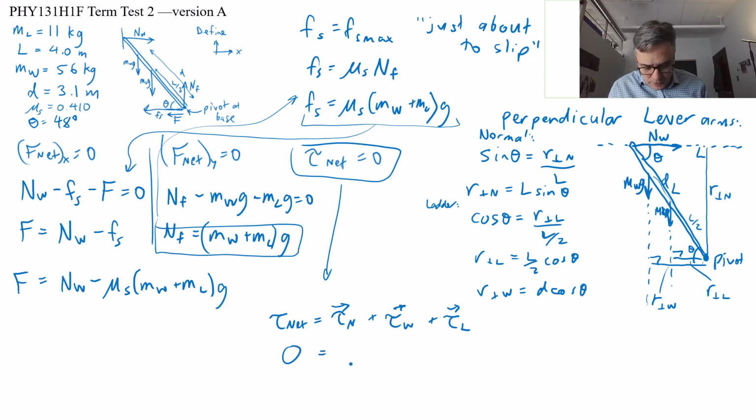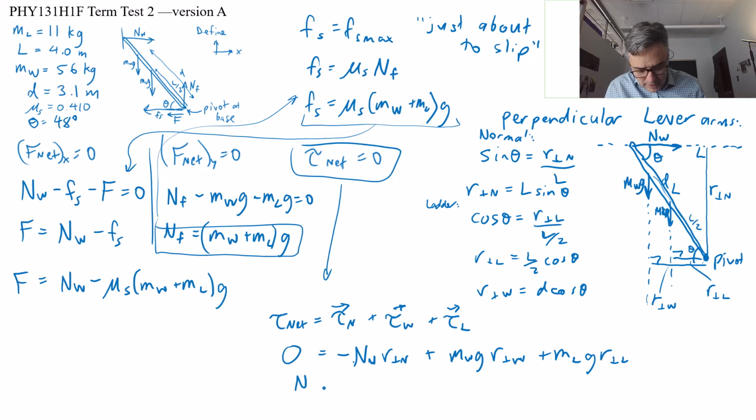The normal force is going to be, first of all, clockwise around the pivot, so it's negative NW, which is what we're trying to find here, times R perpendicular normal force, plus the mass of the woman times G, that's because it's counterclockwise, that's positive, times R perpendicular woman, plus mass of the ladder times G times R perpendicular of the ladder.